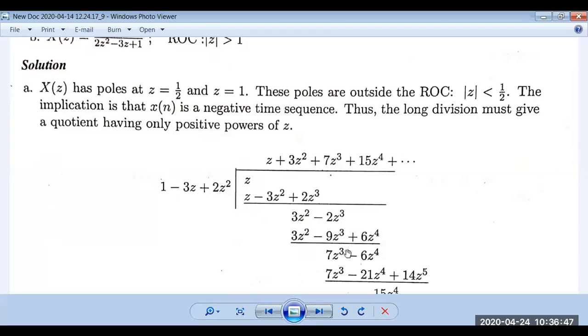You'll be left with the cubic term: 7Z cube minus 6Z to the power 4. I need to get rid of this 7Z cube, so 1 into 7Z cube gives 7Z cube, and this is gone. Just observe this: we're having positive powers of Z.